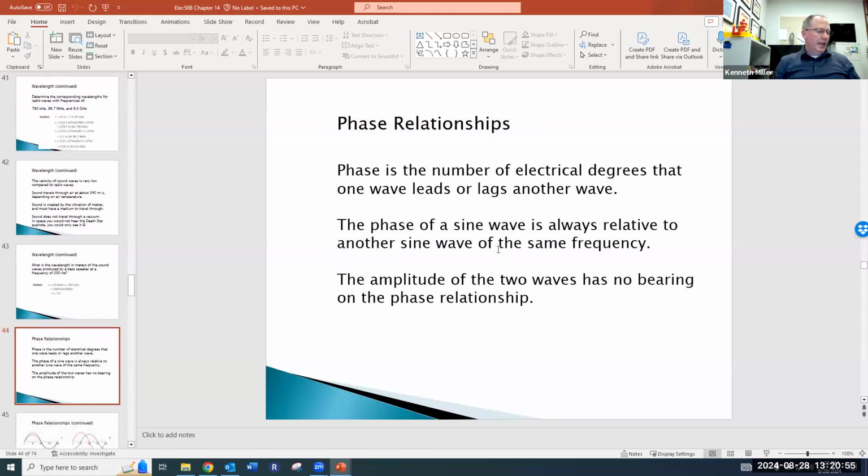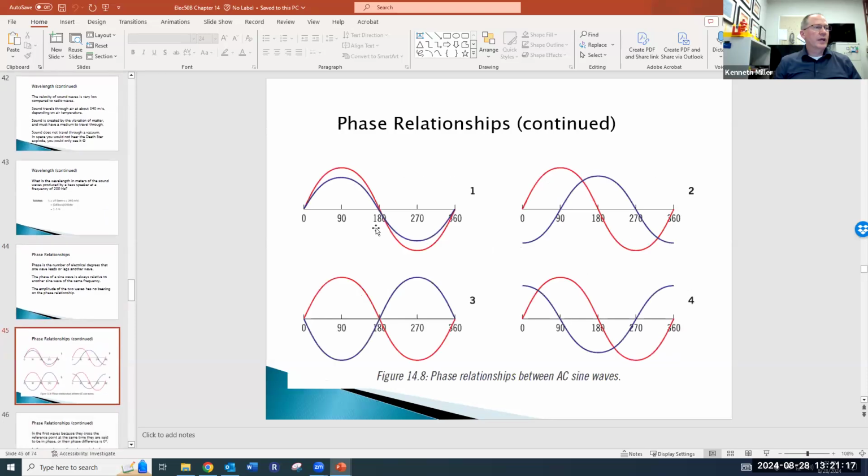All right. And another concept that we want to be aware of is the phase relationship. So the phase relationship is referring to where one signal is either in front of or behind, leading or lagging the other wave. So in this case, these two are in phase.